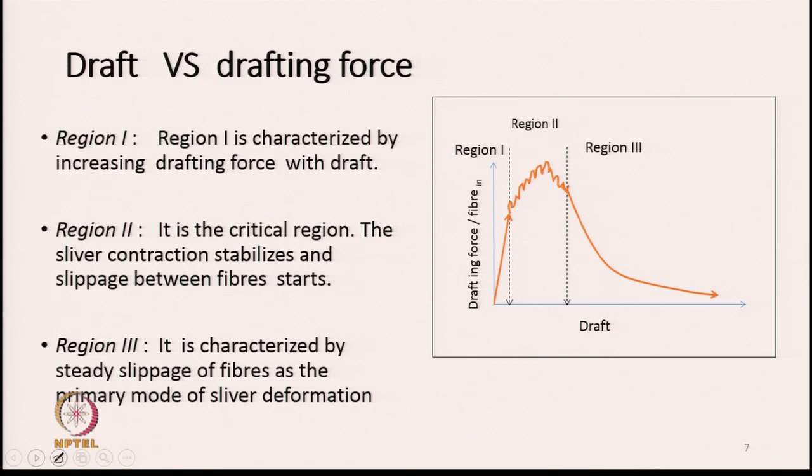The diagram shows a plot between drafting force per fiber versus draft, and we see that initially there is a rise, the force increases, it reaches a peak. After reaching the peak, as you increase the draft, the force declines, and it continues to decline with the increase in draft.